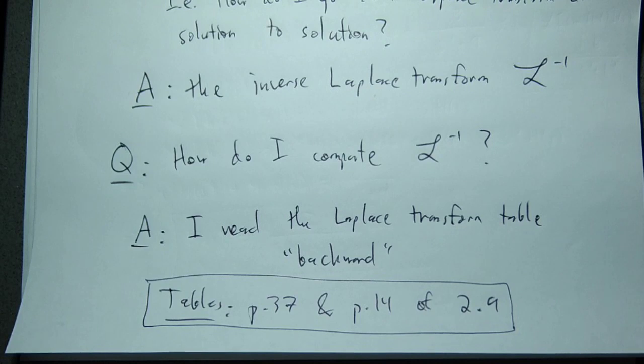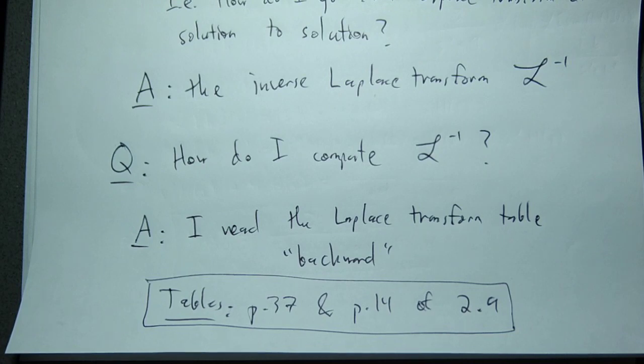So anyway, looking at the table, if a Laplace transform table is reading each entry in the table, so you can either look along with me on page 14 or page 37 in the online notes. So I'm looking at page 14 right now. Each entry is reading from left to right, saying the Laplace transform of the first entry, t to the n, is n factorial over s to the n plus 1.